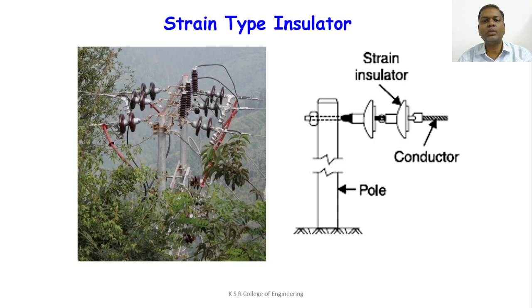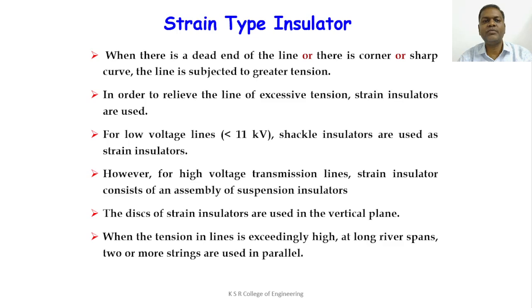Now we are going to show the strain type insulator. This is the pictorial representation of the strain type insulator. This strain type insulator is connected from the pole to the string insulator, and is normally used at the dead end of the line, or where there is a corner or sharp curve.